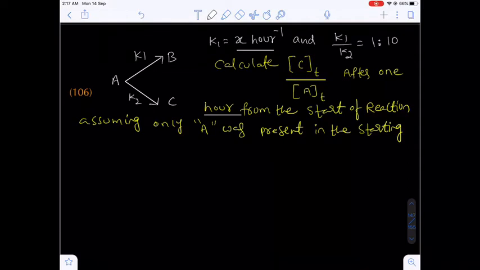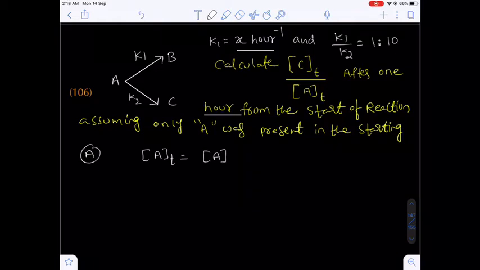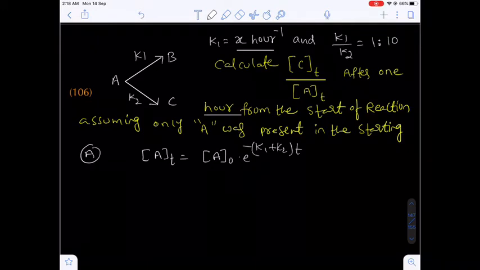Now here, what will be the concentration of reactant A at a certain time interval t? That is equal to A0 into e to the power minus K effective, nothing but K1 plus K2. What is the stoichiometry of reactant A? 1. So that's why I am writing only K1 plus K2 into time period. Are you getting my point?